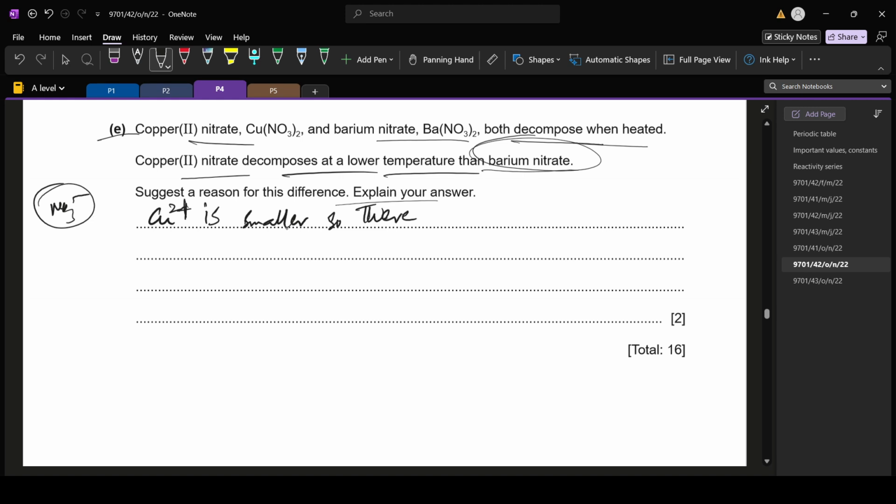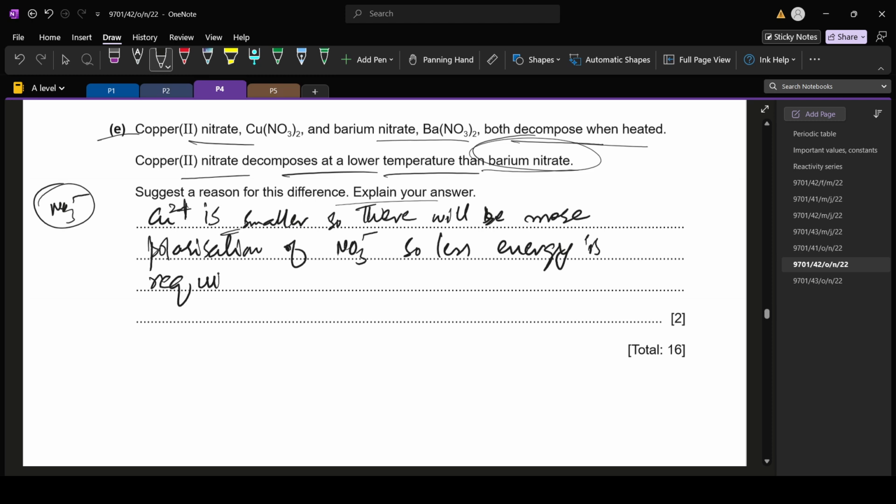Because this copper 2 plus ion is small, there will be more polarization of nitrate ions, so less energy is required.